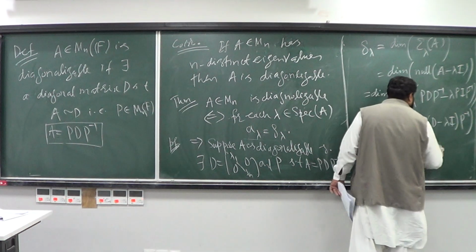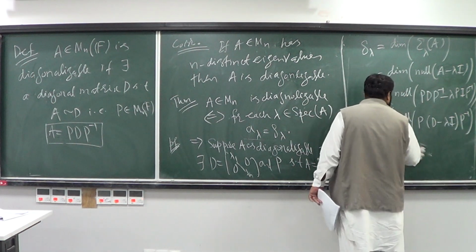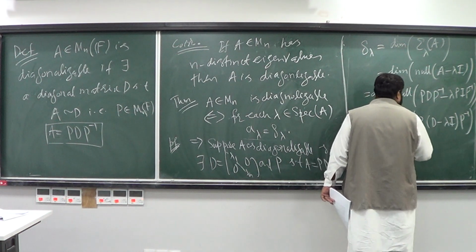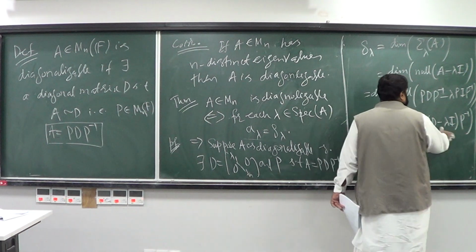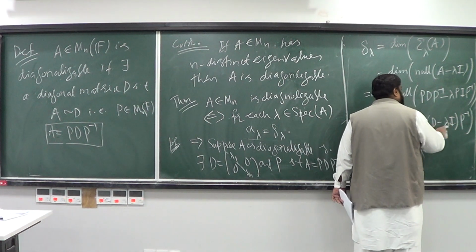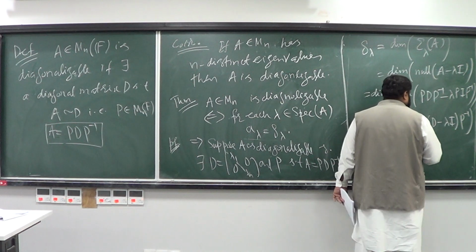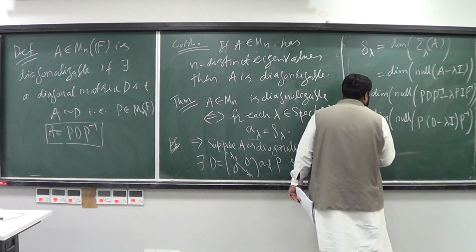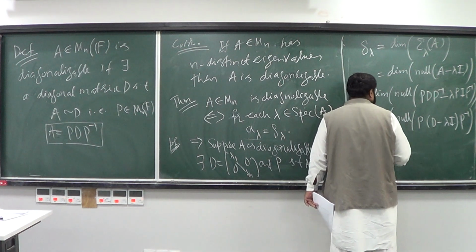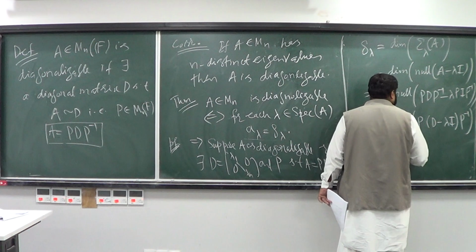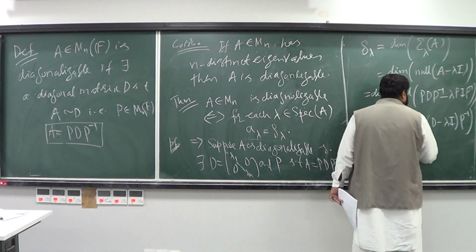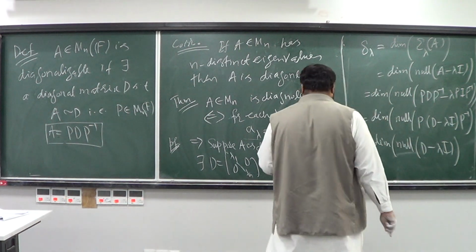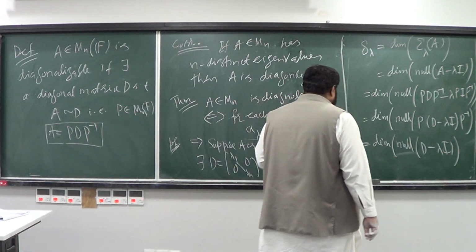So this matrix is similar to the matrix inside, and this is equal to the dimension of the null space of D minus lambda I. This is what you're going to get.